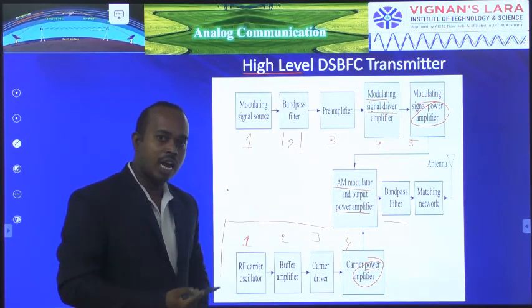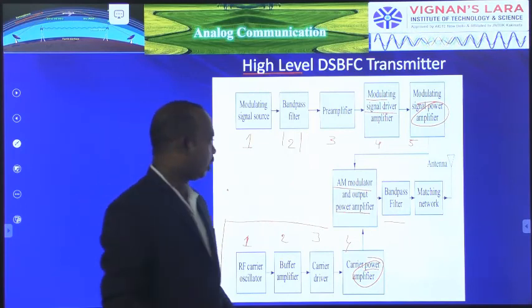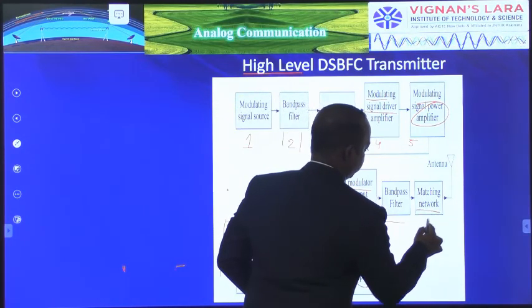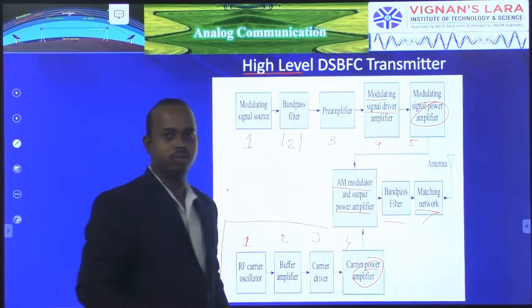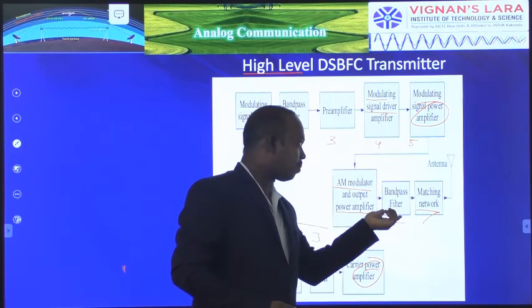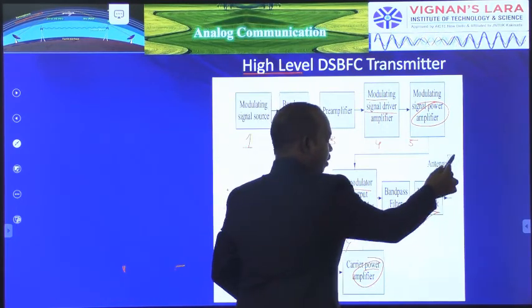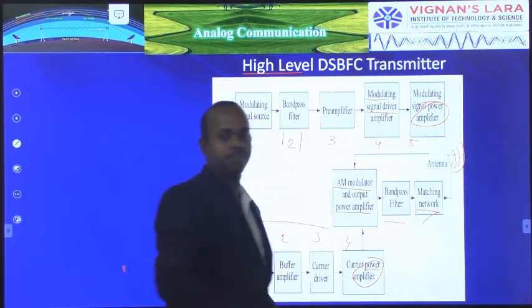If we assign directly to the antenna, there is a chance of losing the signal. For that reason we include a matching network, an impedance matching network. The impedance matching network gives the proper matching between the band pass filter and the antenna. Once connected to the antenna, it radiates the signal to the atmosphere.